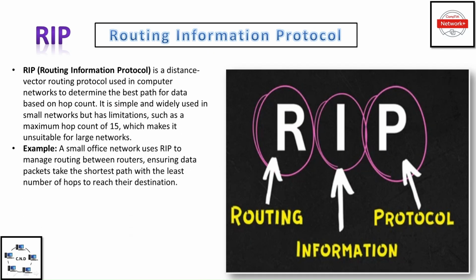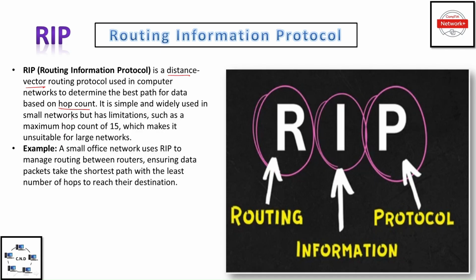RIP, that is Routing Information Protocol. So one was the link state routing protocol, and the second is distance vector that we were talking about. So IS-IS was link state routing protocol, while RIP, or Routing Information Protocol, is a distance vector routing protocol used in computer networks to determine the best path for data based on hop count.